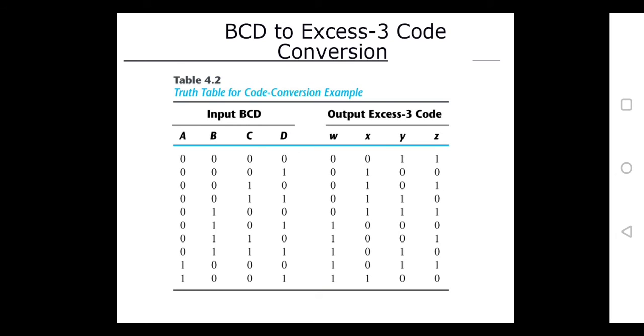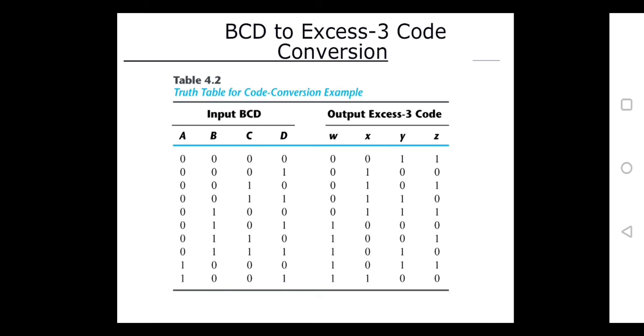As we have 4 bits, the number of inputs required for a BCD is 4, and we need to assign symbols for those 4. Here I am assigning the input symbols as A, B, C and D. Similarly, the output should be an XS3 code.